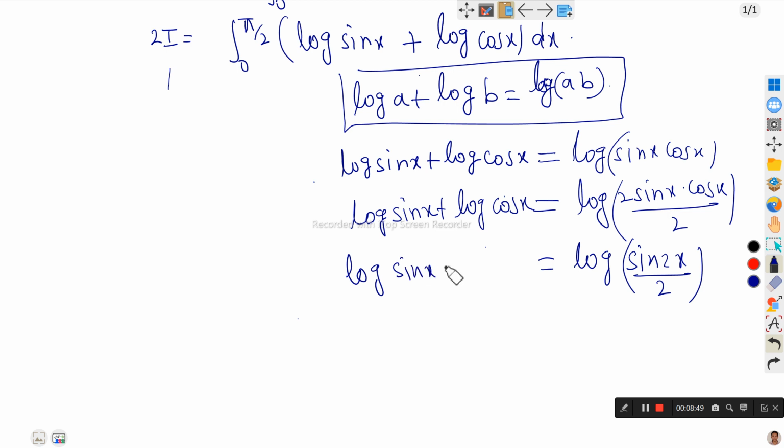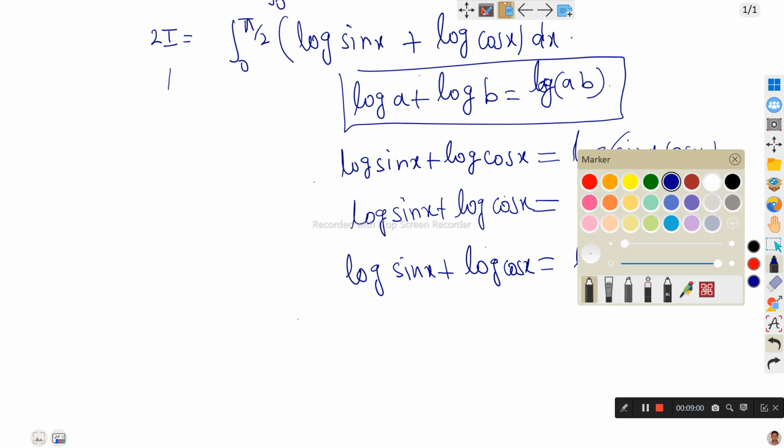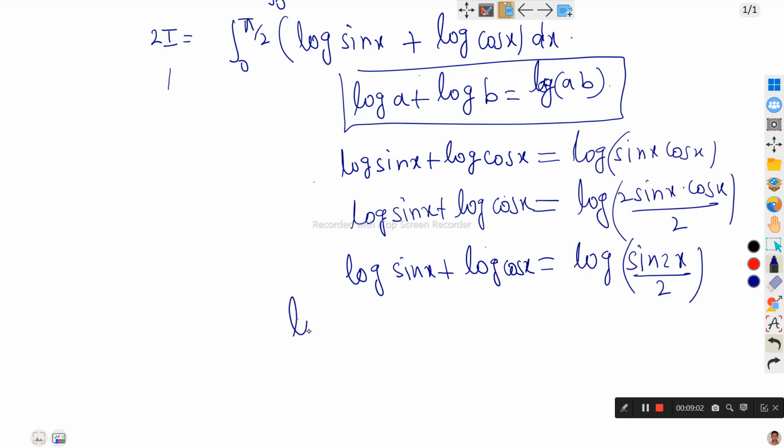Again, what do we do? We use the formula of logarithm. And what is the formula? The formula is log a upon b equals log a minus log b.